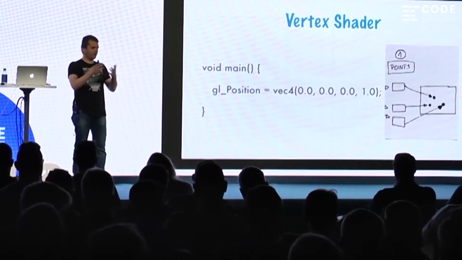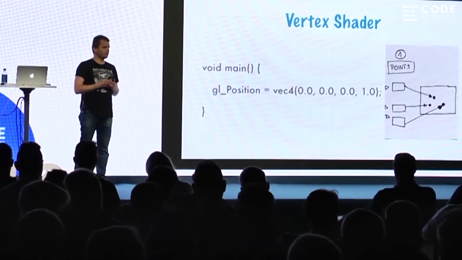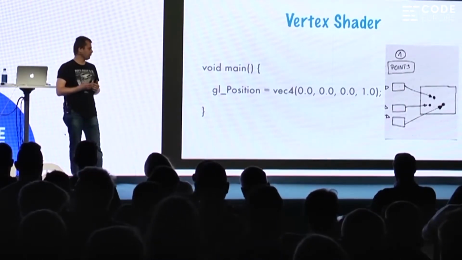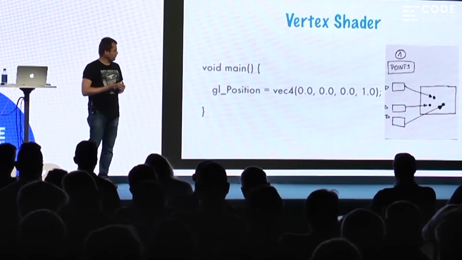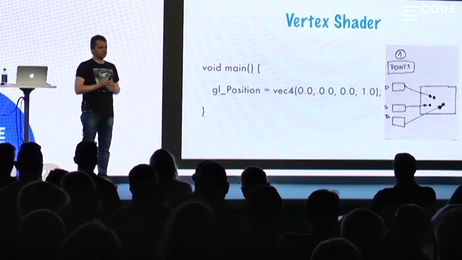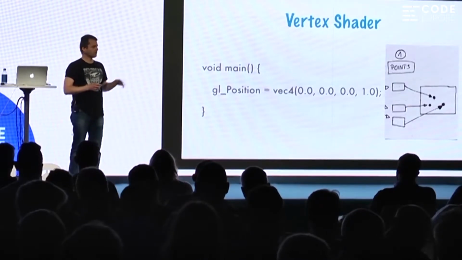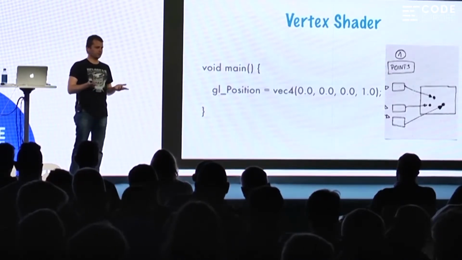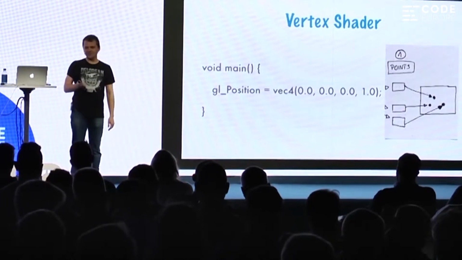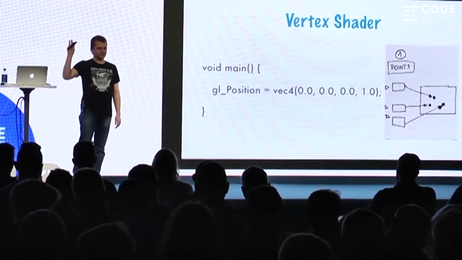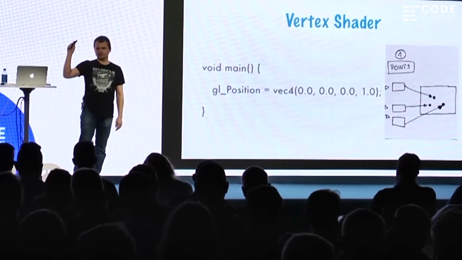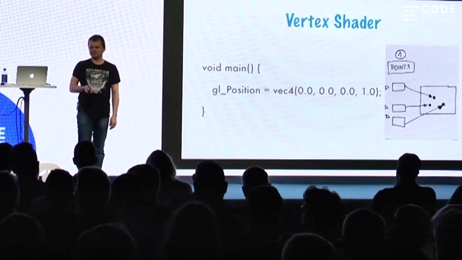It has to pass a position of the vertex at the end of its calculation. In here, we're just setting it to the center of the universe. It's 0, 0, 0. And 1 is there just for the math to work, so you don't have to worry about it. Is it clear? Does anyone have a question? OK.